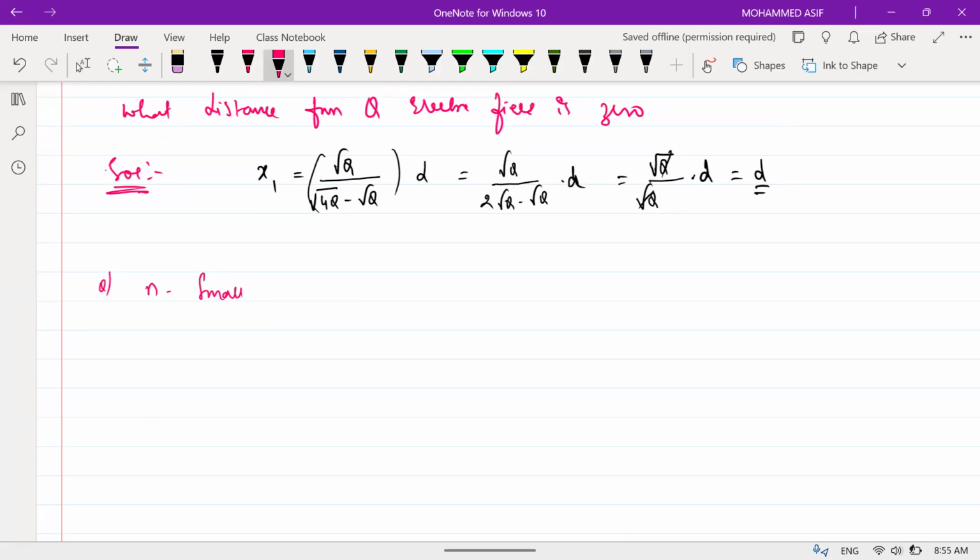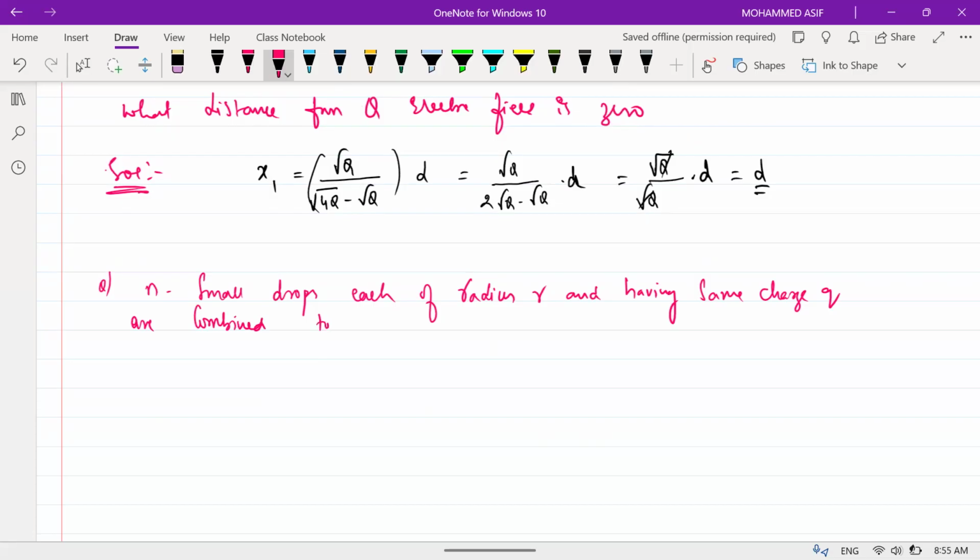N small drops, each of radius r and having the same charge q, are combined to form a big drop.